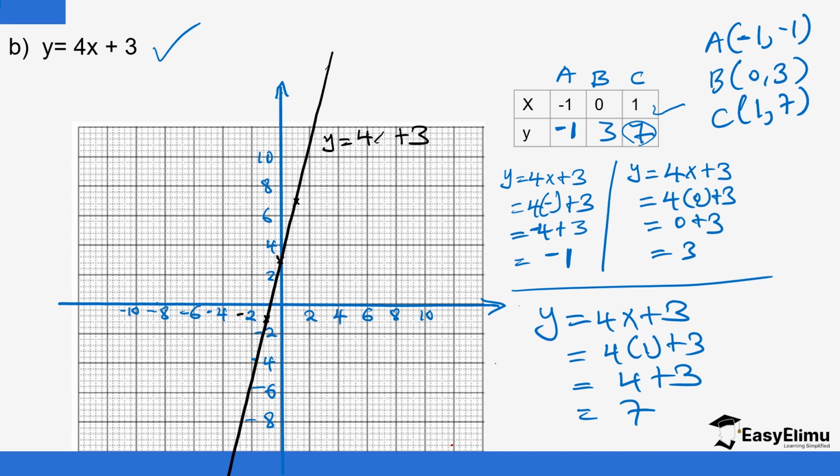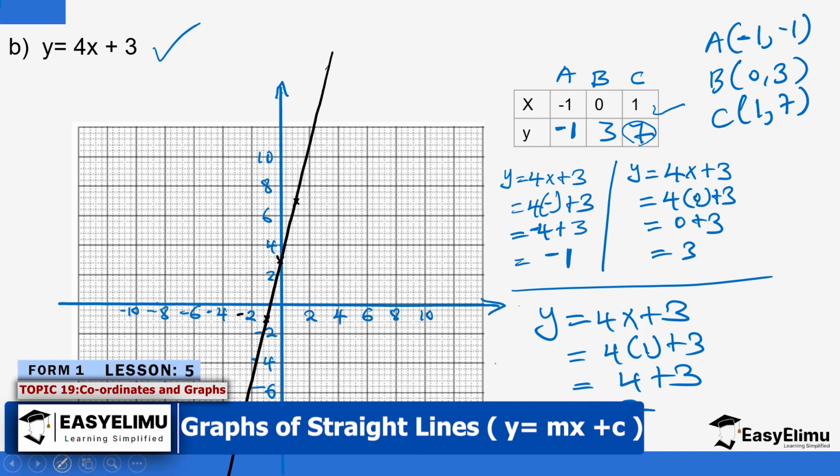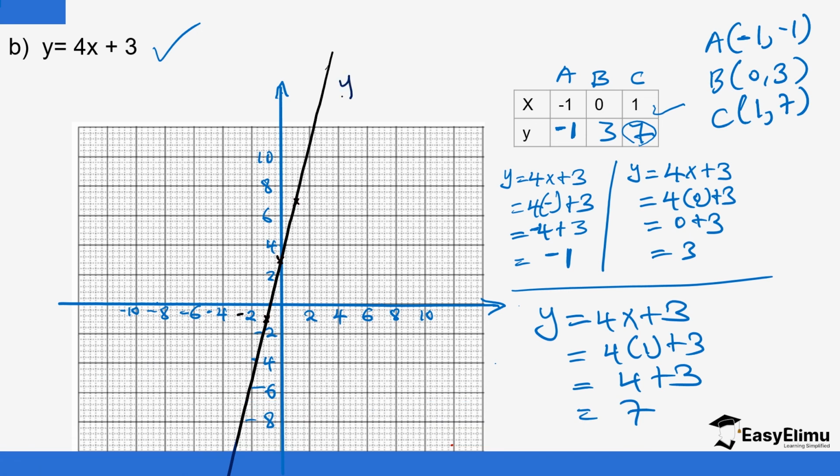So this is 4x. So y is equal to 4x plus 3. Label the line. Every time you must always remember to label your line.